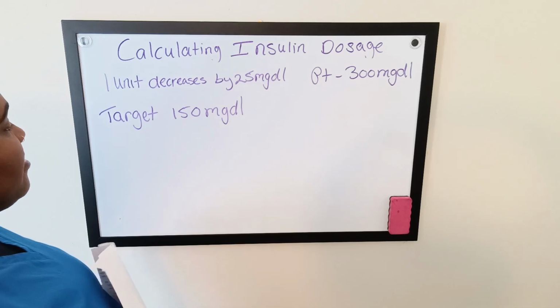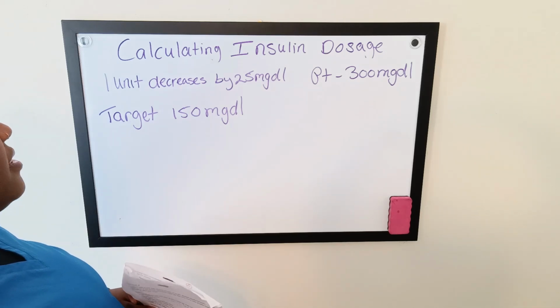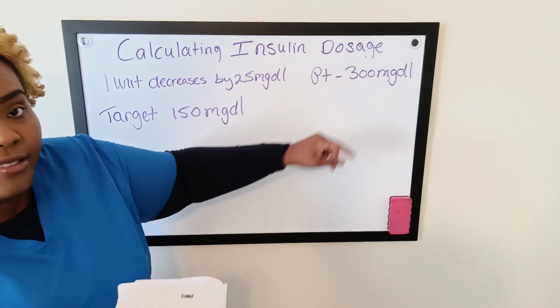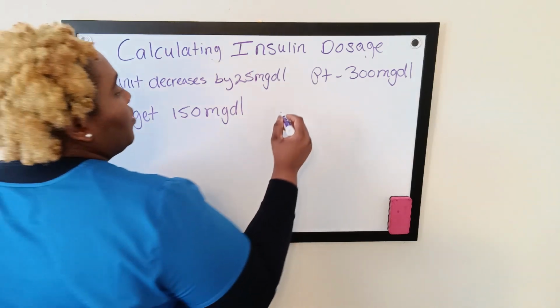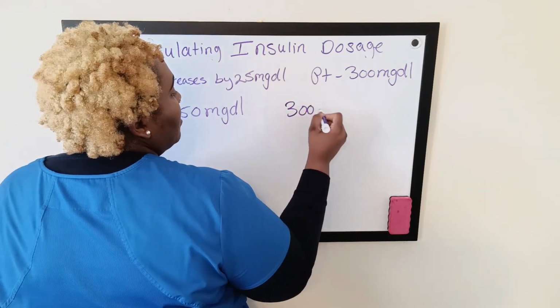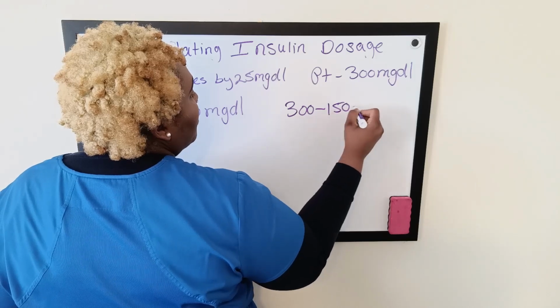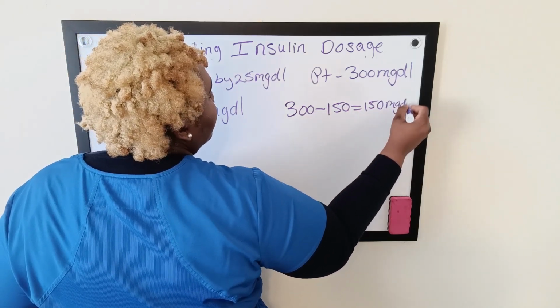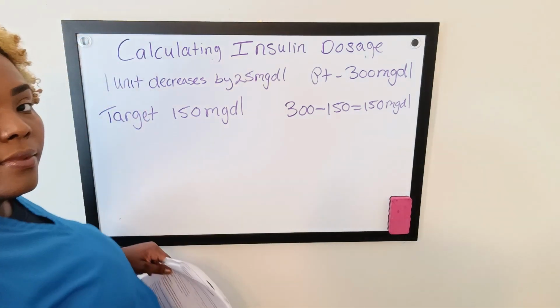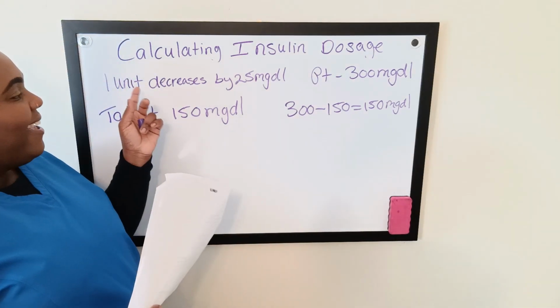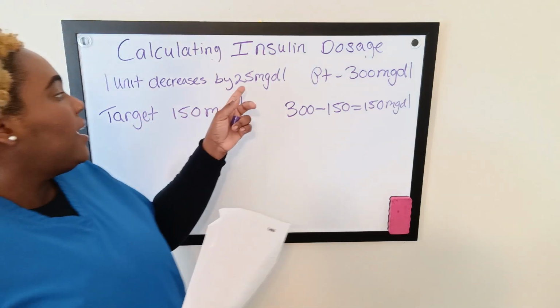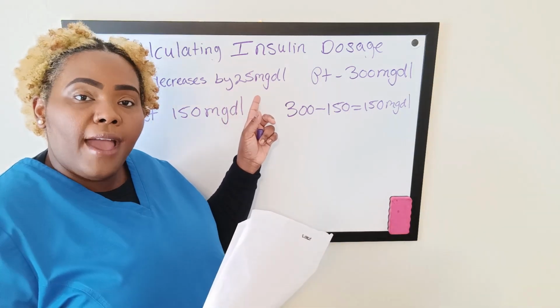So first to begin, we have to subtract our target from our current. Okay, so we're going to take 300 minus 150 is going to give us 150 mg/dL. Yes, and we know for every 1 unit of insulin that we give our patient, they decrease their blood sugar by 25.